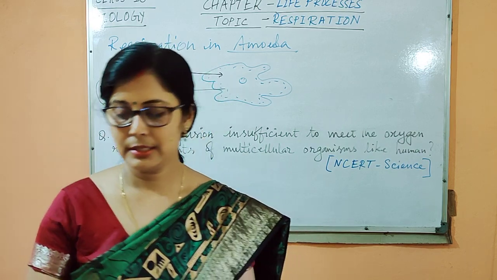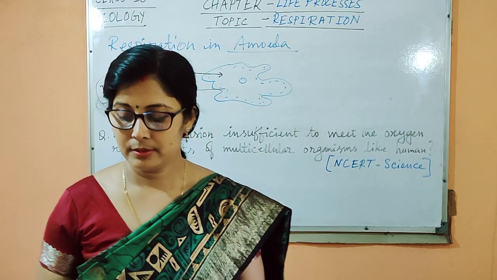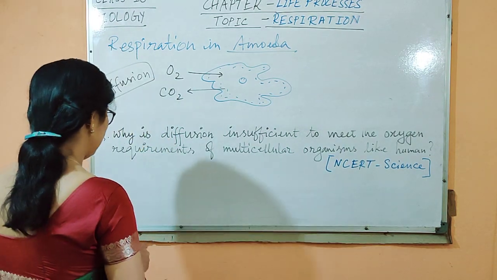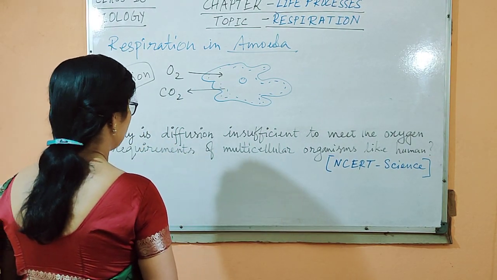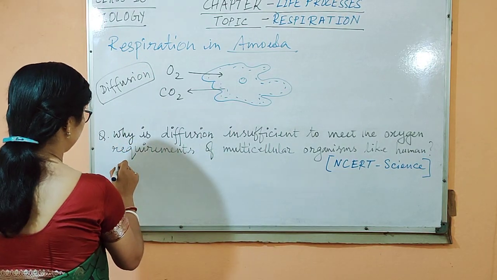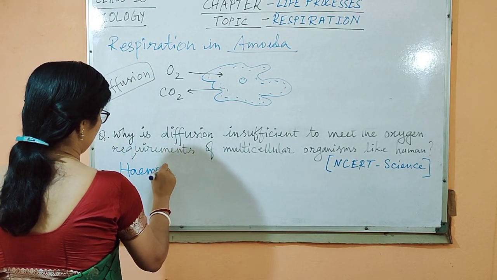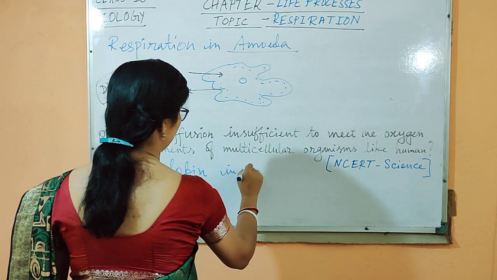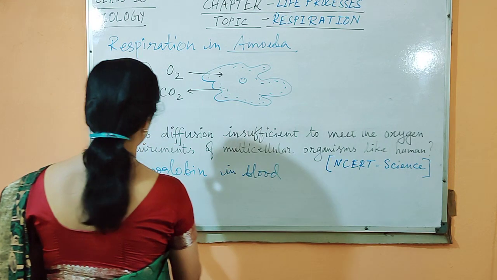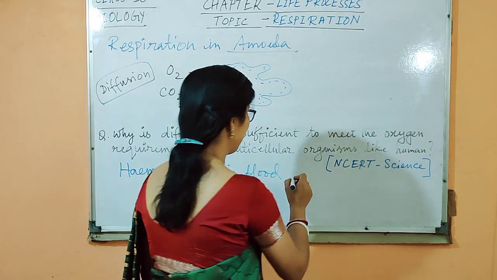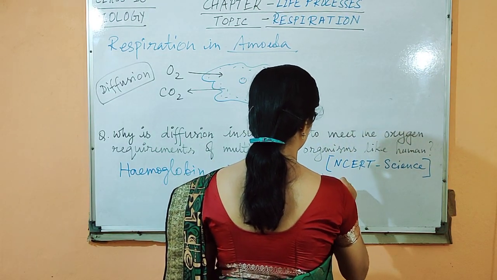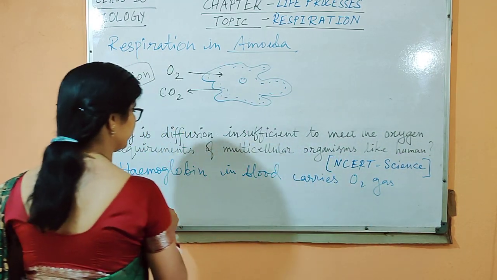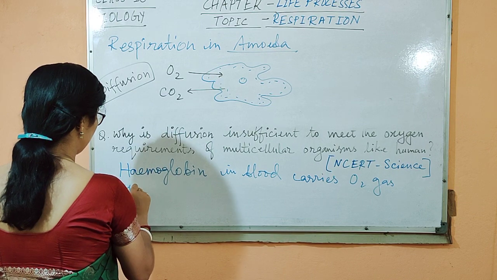Okay. Therefore, in mammals, red pigment hemoglobin present in blood carries oxygen gas throughout the body.